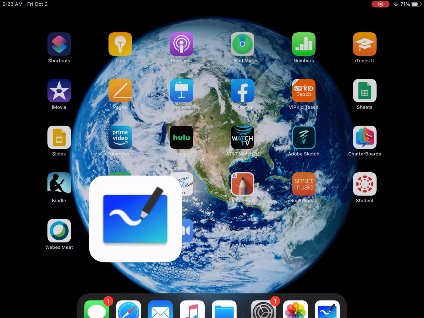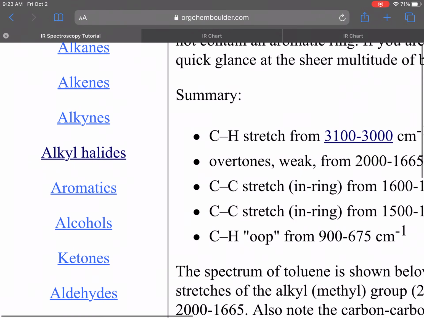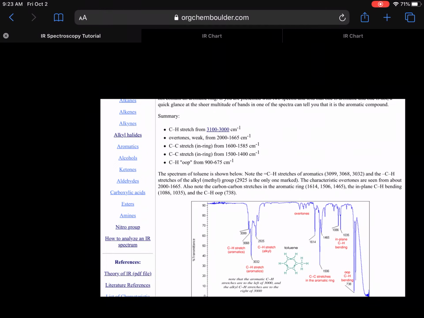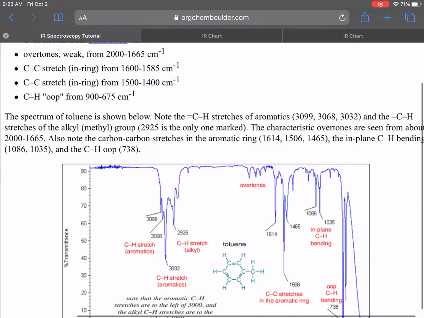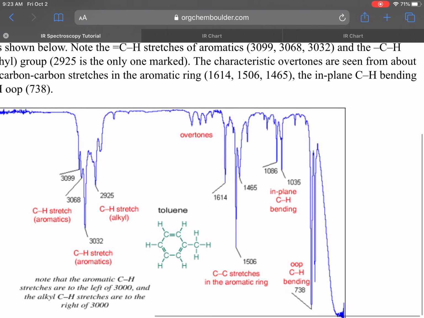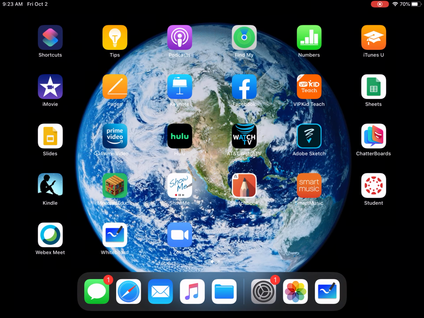OOP bands are probably the most important signal in the fingerprint region. They appear way over between about 900 and 675, and they're usually pretty strong. You can see here, we see an OOP band at 738. Very, very strong. They're usually sharp to moderate as far as their shape goes. And one interesting thing is that you can see different types of OOP bands depending on the bonding pattern.